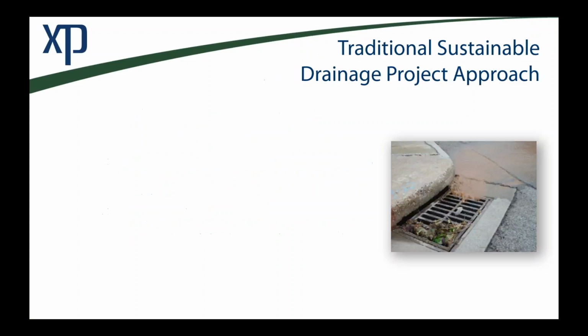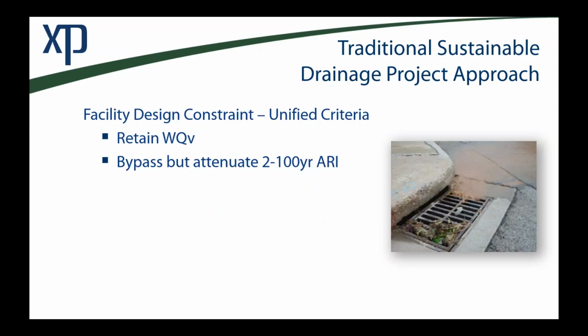As we talked about last time, we have our facility design constraint. Our typical way to approach a project really is that unified criteria. We retain the water quality event, and then we bypass and attenuate the higher protection events.